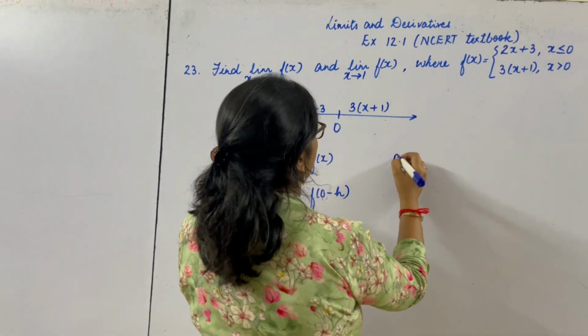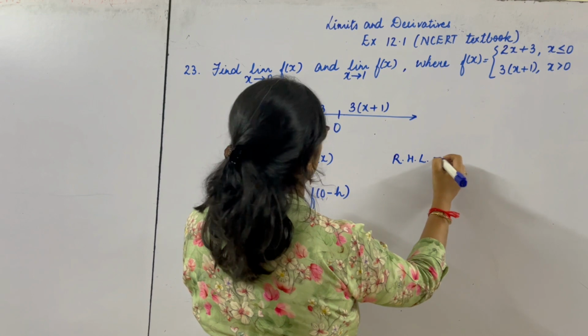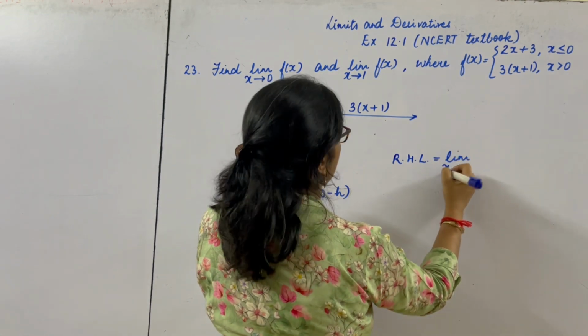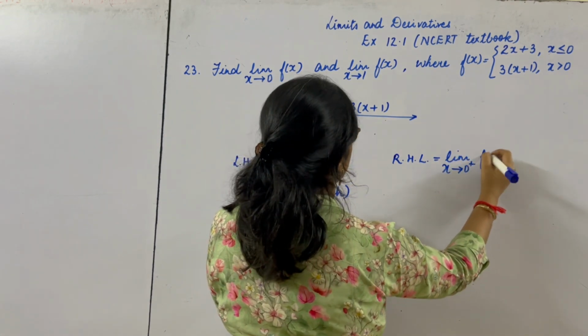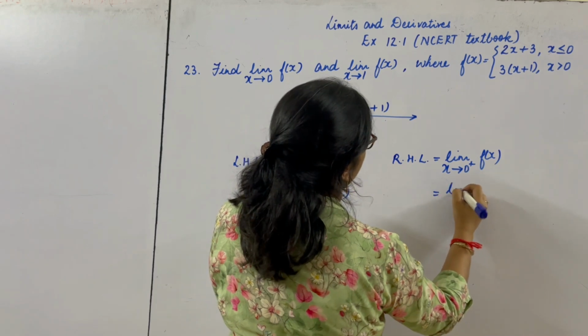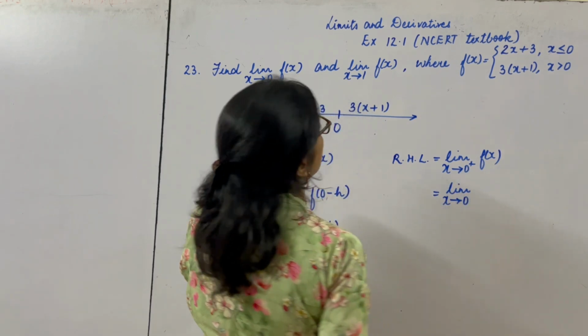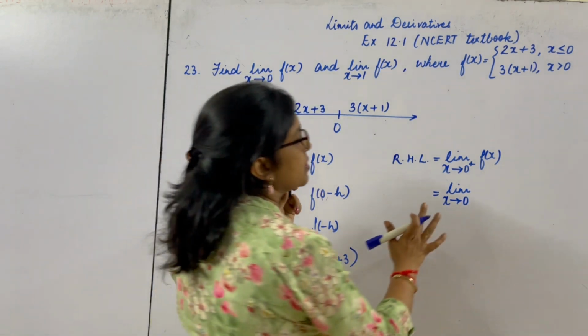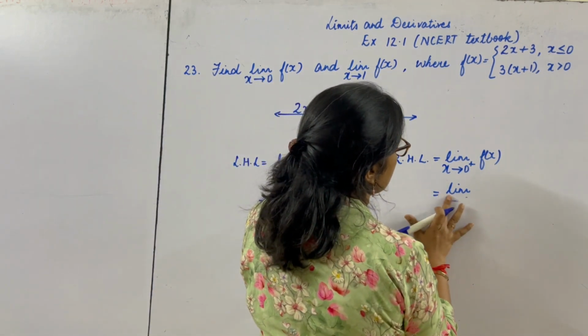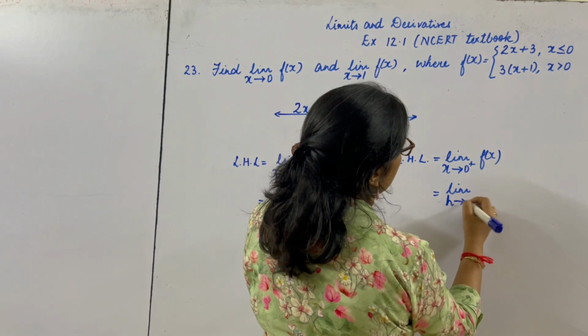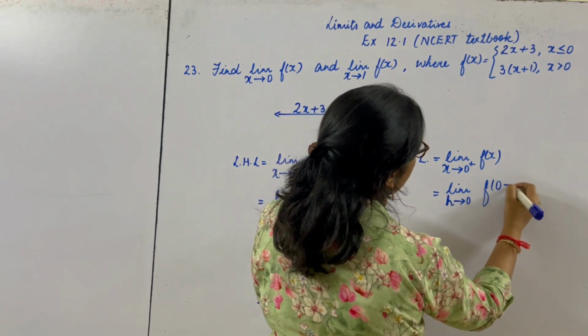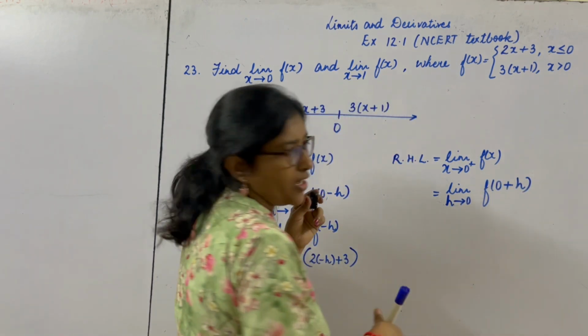Now what is the right-hand limit? The right-hand limit in the same way is the limit x tends to 0 plus of f(x). Because we are taking values greater than 0, let us take h tends to 0, and we'll take 0 plus h, meaning values bigger than 0.